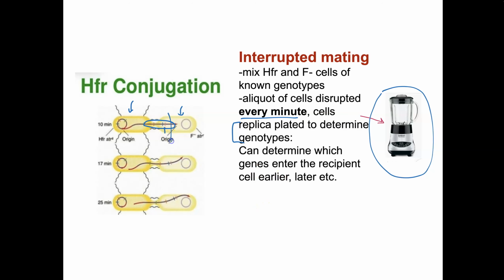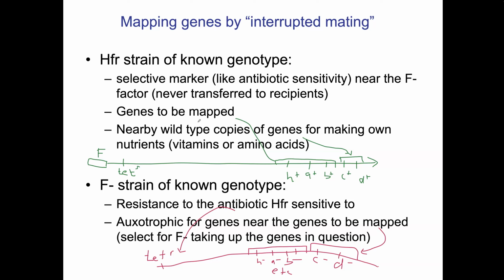If you stop the process every few minutes, then the longer you wait, the more of that bacterial chromosome was filled in, and therefore there's more chance for some of these genes that are further down the chromosome to actually get into the bacterial cell and then be incorporated into that bacterial chromosome. So interrupted mating is a way of generating the beginnings of a map. You would then do some more high precision mapping later once you had a sense of which genes were located where.